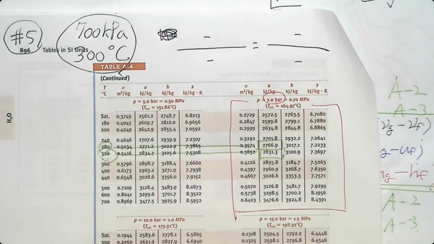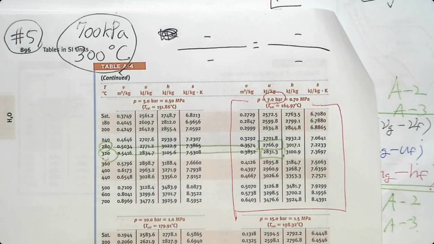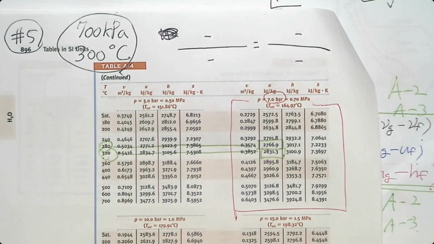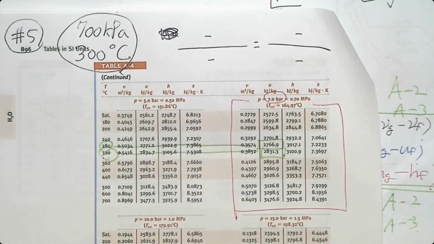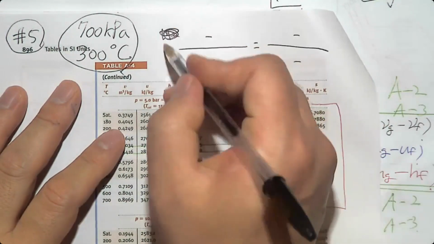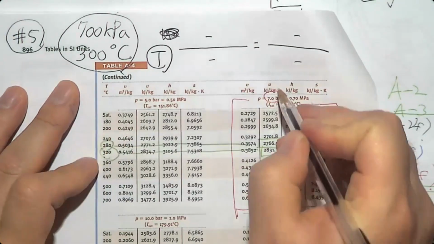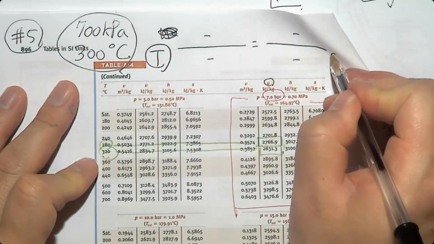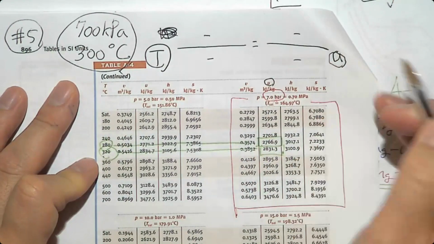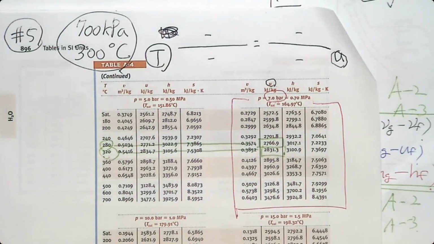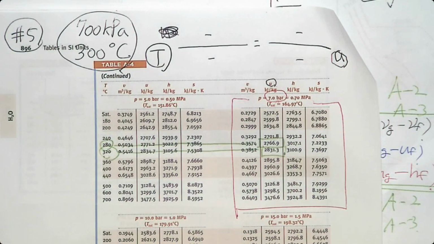So we know temperature and U. So let's say the left-hand side is temperature T. The right-hand side is specific internal energy U. Then I'm going to write the lower bound and the upper bound of the temperature, 280 and 320, in the denominator of temperature.